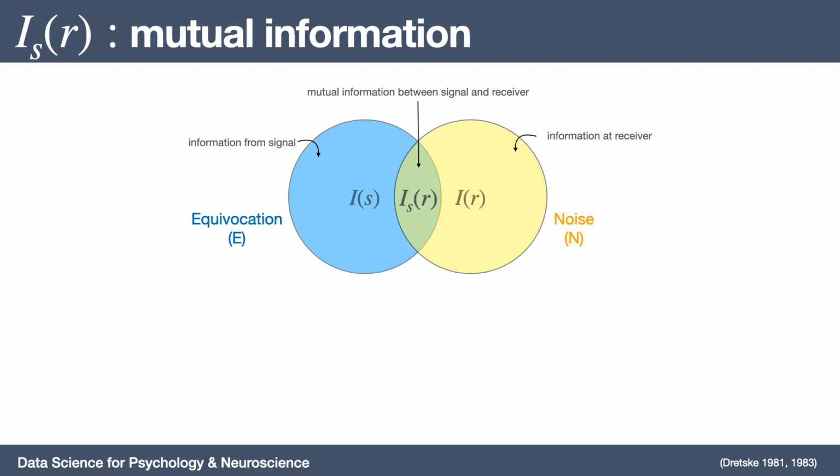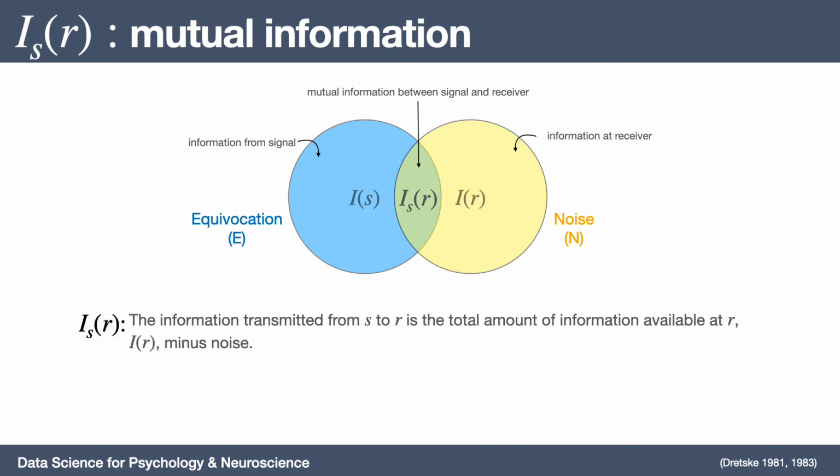On the receiver side, we call it noise. So it is the disruption of the signal through the channel that becomes ambiguous on the receiver side. And the mutual information is the information transmitted from S to R, and it's the total amount of information available at R minus noise. So we can represent the mutual information as just the information of the receiver minus noise, or conversely, information of the signal minus equivocation.